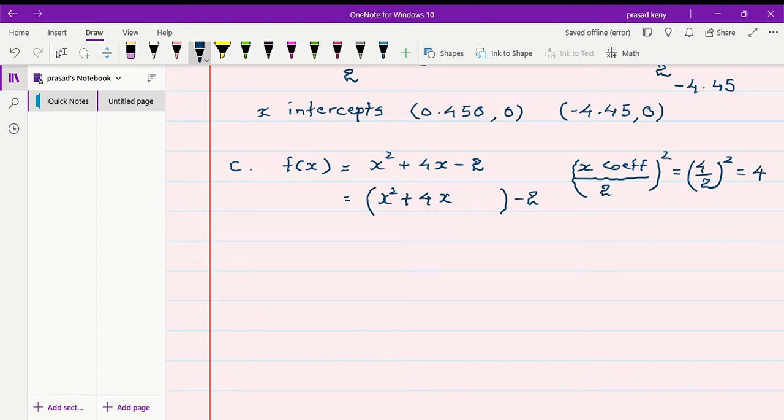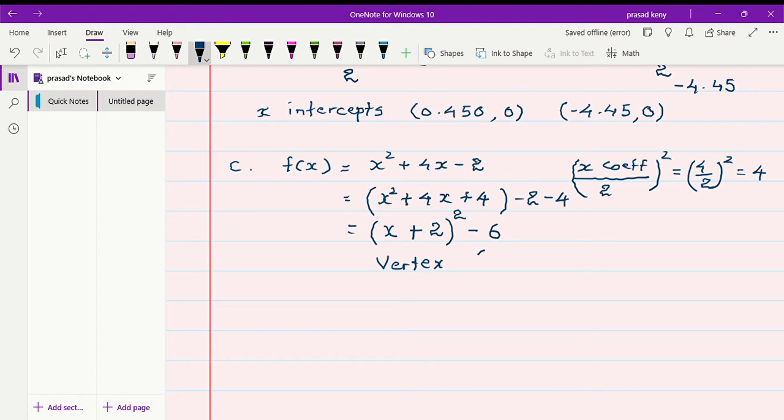So you'll add 4 here, and to balance you'll subtract 4 outside. So the bracket has become a complete square. X square means write x here. Last term is 4, which is 2 square, and take the sign of the middle term. That means the bracket is perfect square of x plus 2, minus 6 here.